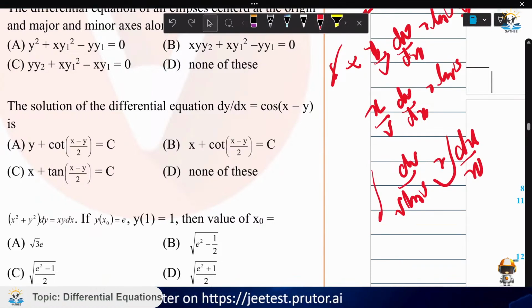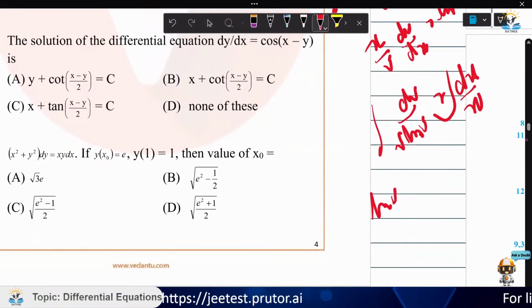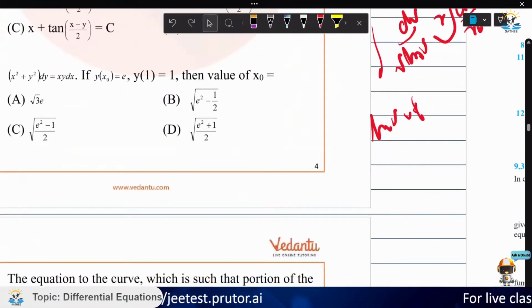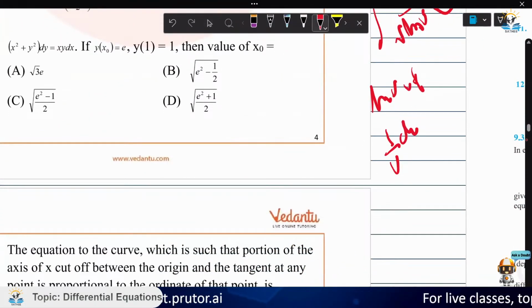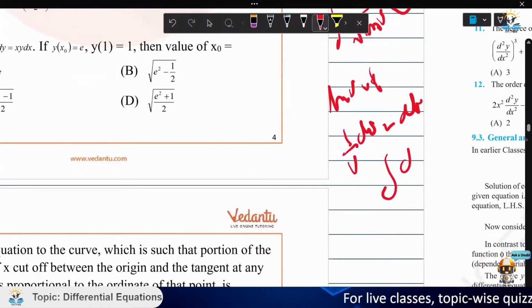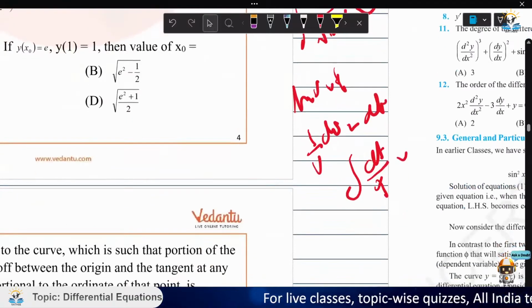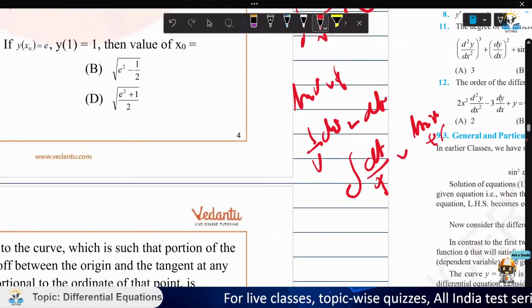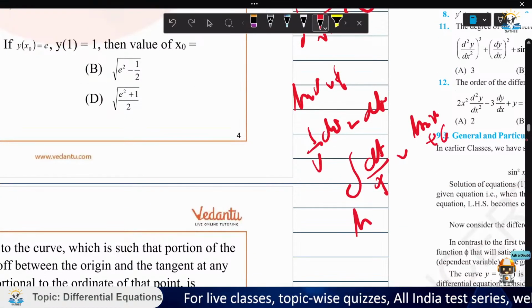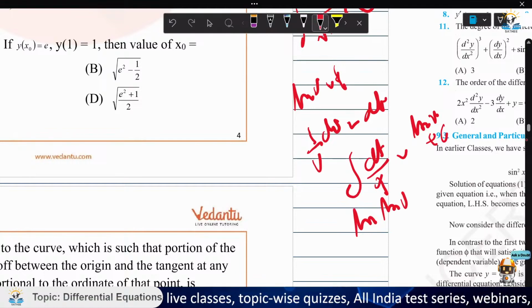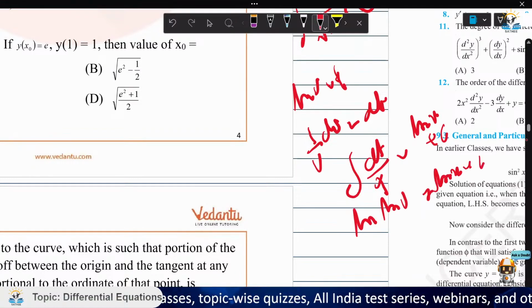Now we integrate it. So we take ln v is equal to t. So we have 1 by v dv is equal to dt. So this becomes dt by t is equal to ln x plus c. So this is ln t, and t was ln v. So ln of v is equal to ln x plus c.